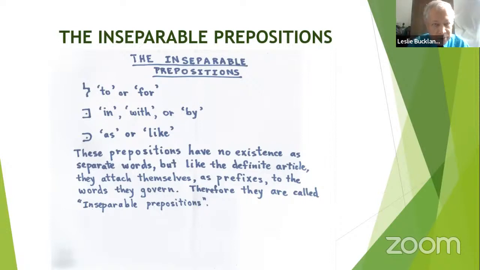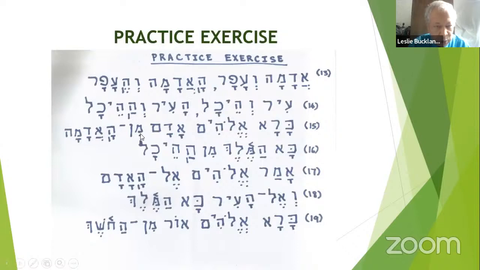By inseparable, I mean a preposition that is attached to a noun and is not separated from the noun. It is not like min in the previous exercise, in which min, a preposition meaning from, is not attached to the definite article and to the noun, but is joined by this horizontal line called makef, which is a binder, and it is not actually attached to the noun so that it becomes part of the noun.